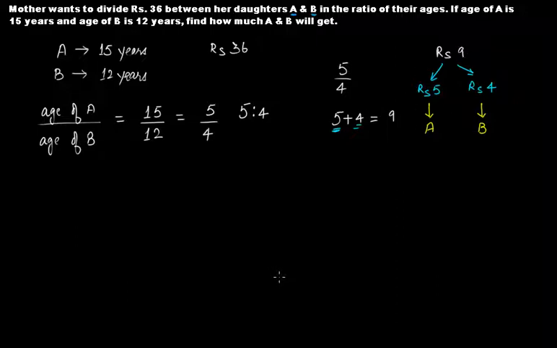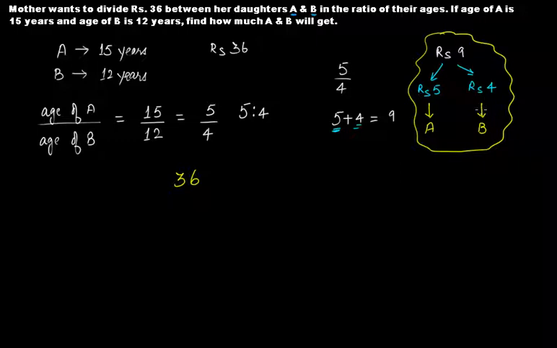Okay. We have rupees 36. Now, we have the information that if mother has rupees 9, then rupees 5 will go to A and rupees 4 will go to B. But now we have 36. If we have to think of this rupees 36 in terms of rupees 9, how many such 9s can we think of? You'll say that's very simple: 9 plus 9 plus 9 plus 9 will be 36.